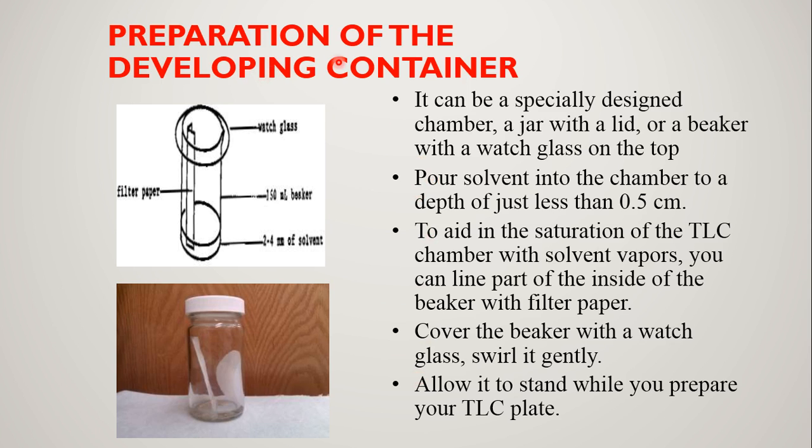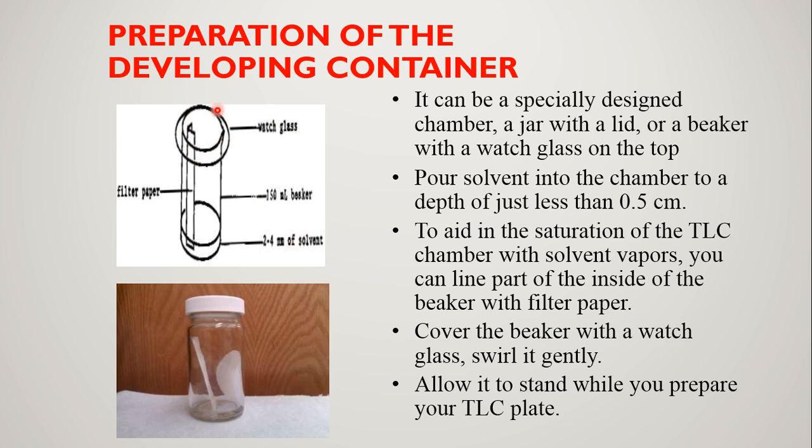So the first is preparation of the development container. This developing container is a type of glass container, which could be a cylindrical shape or cubic shape or other shapes, which is always covered with a lid.